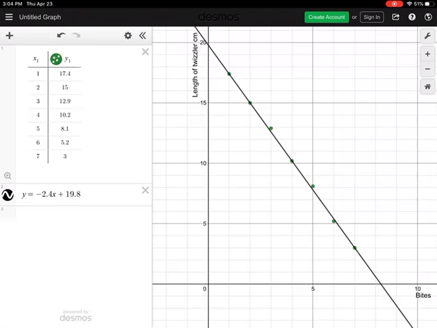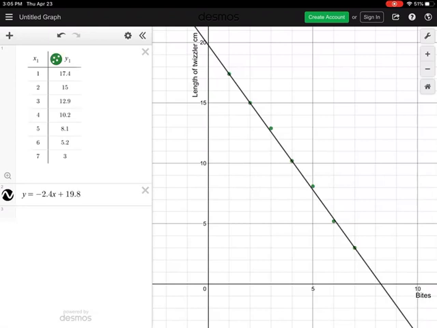Okay. So that line shows for any number of bytes, even decimal bytes, how much of the Twizzler should be remaining. Okay, and then we're going to answer questions like, how many bites will it take to finish the Twizzler? Or what was the length when it started? Okay, so there's the graph.